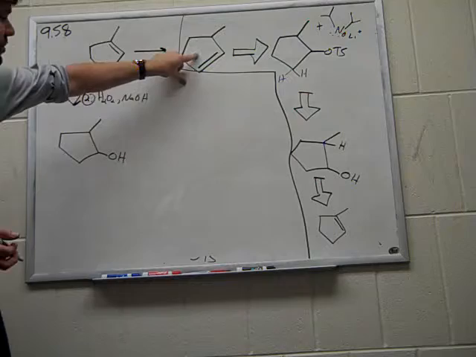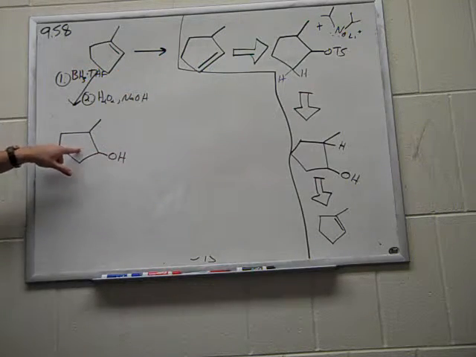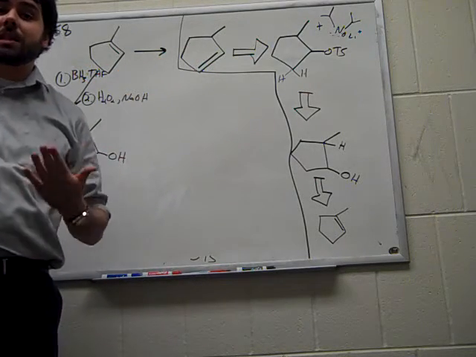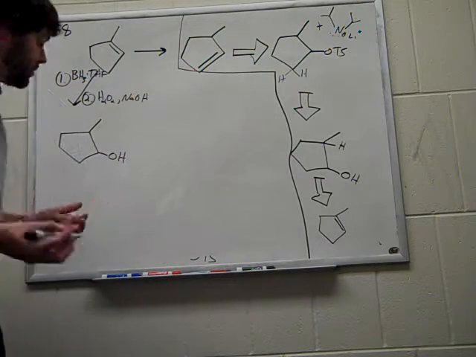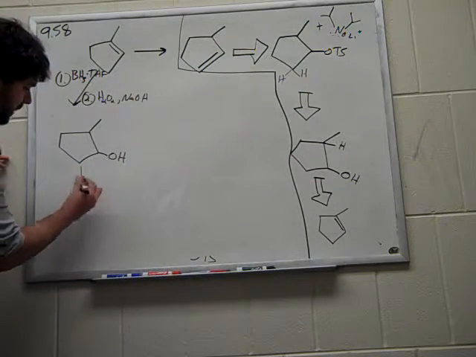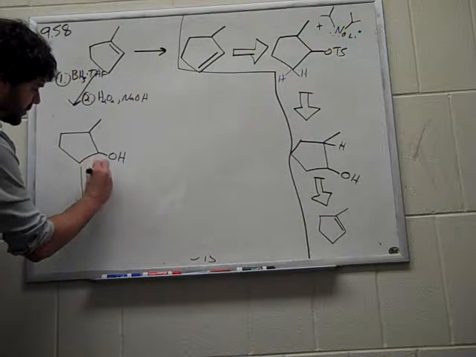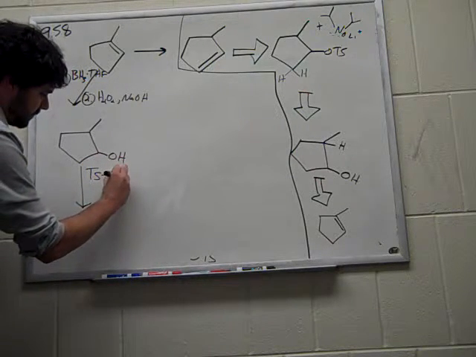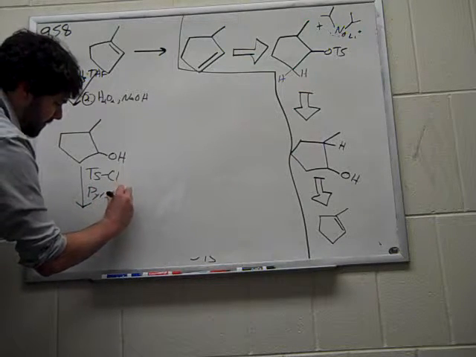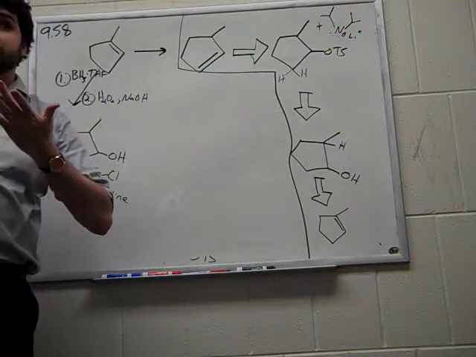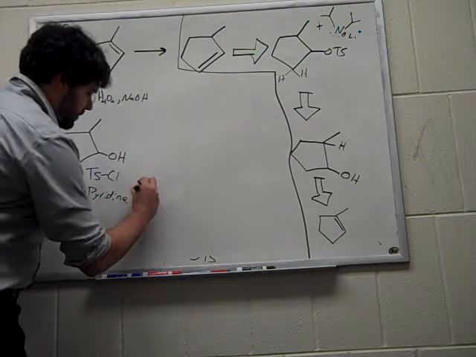So what we're going to do is, instead of adding acid, convert this into a tosylate ester. That's going to turn it into a very good leaving group. To do that, all we do is add tosyl chloride in a solution of pyridine. Pyridine is a solvent, and it looks like this.